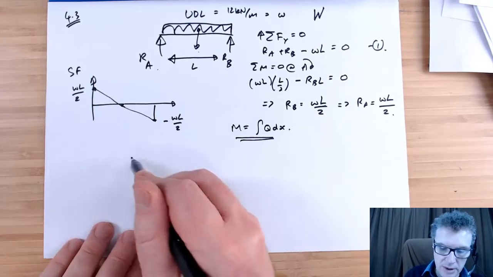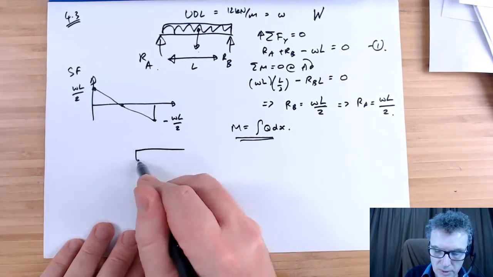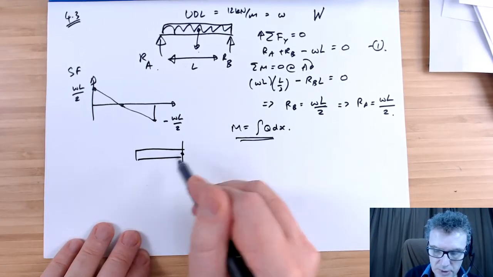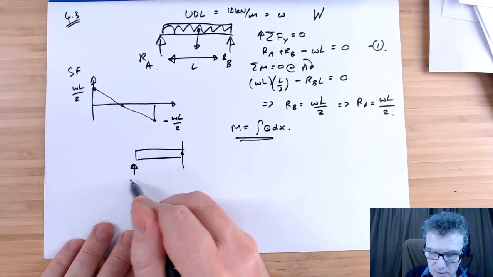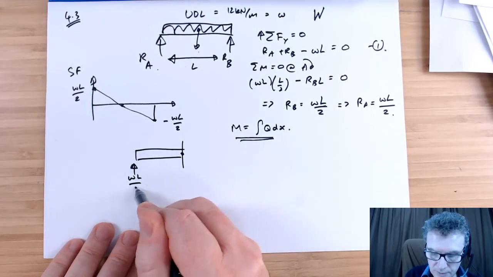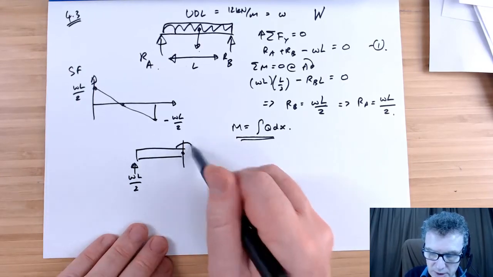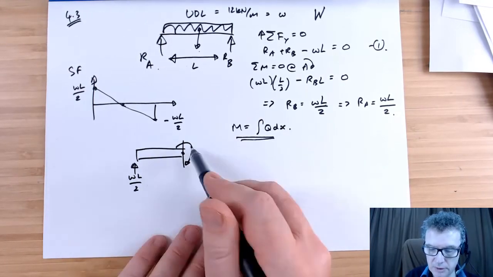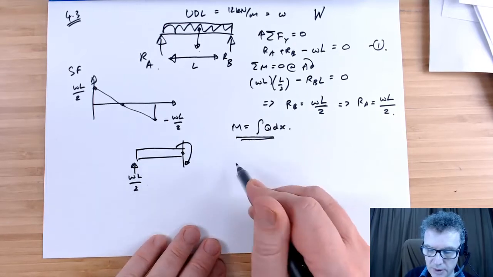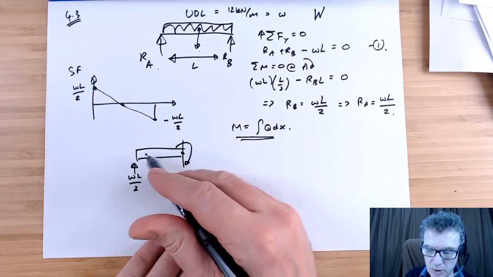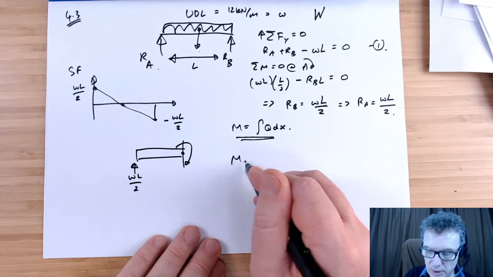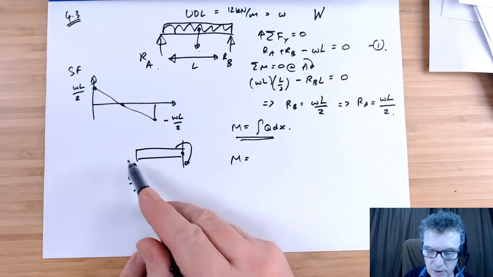Right, so to do that I will imagine that I'm taking a cut through the body. So that's my reaction at A, and I'll take the cut, go round clockwise, and then sum up moments looking left of me. So what have I got left?